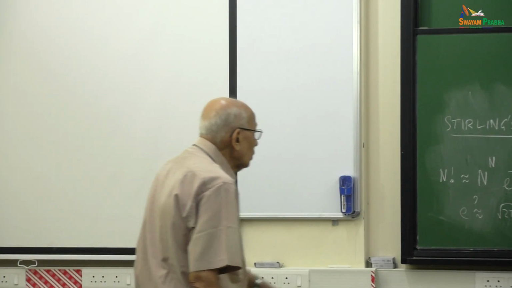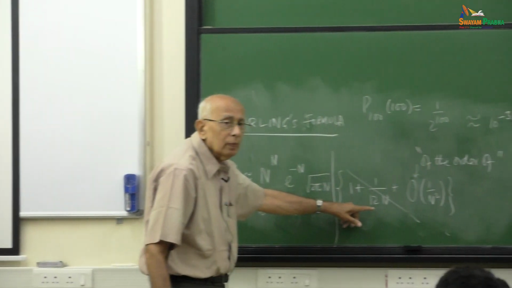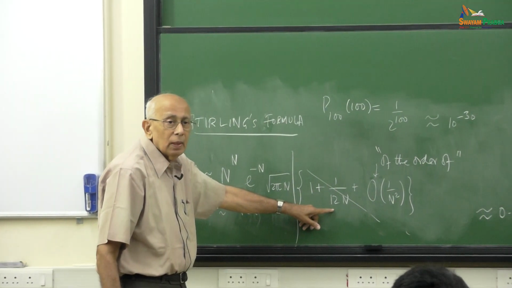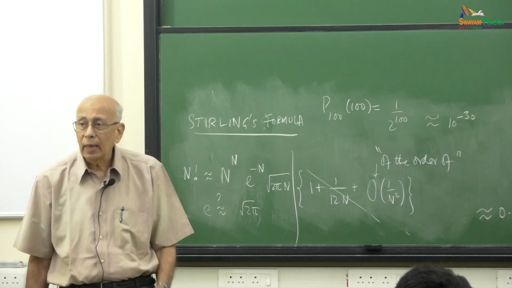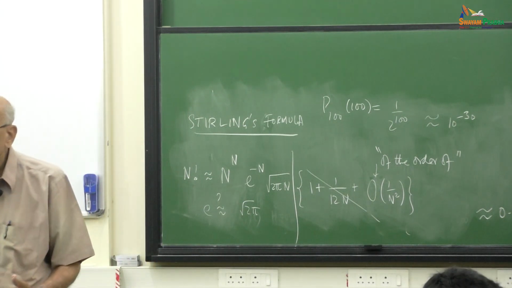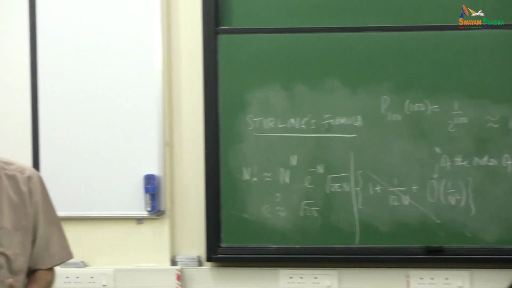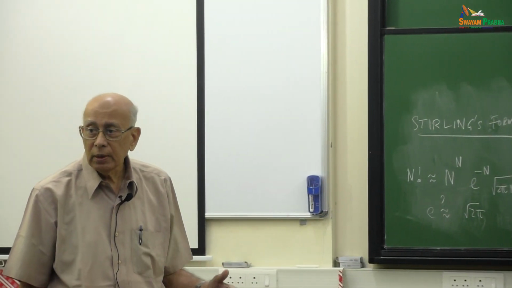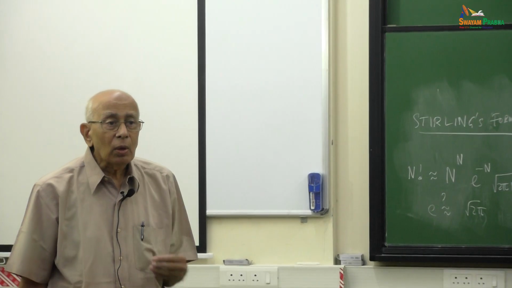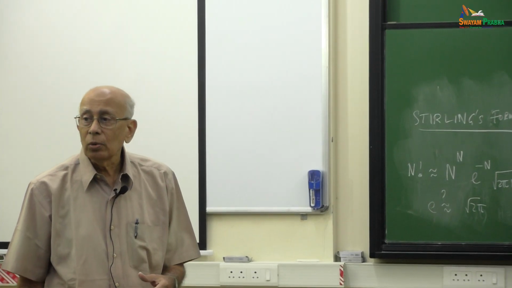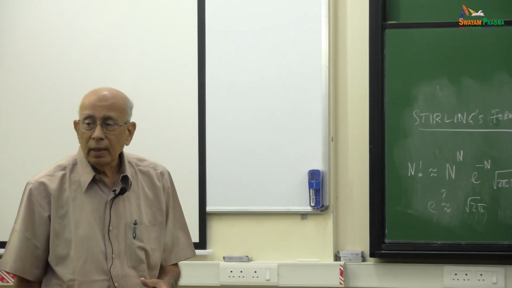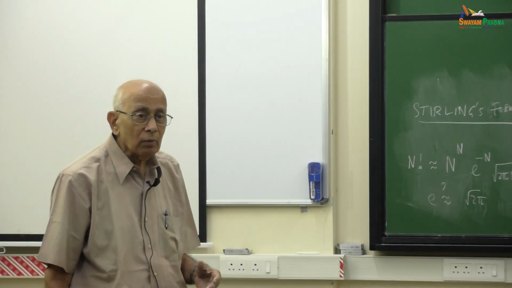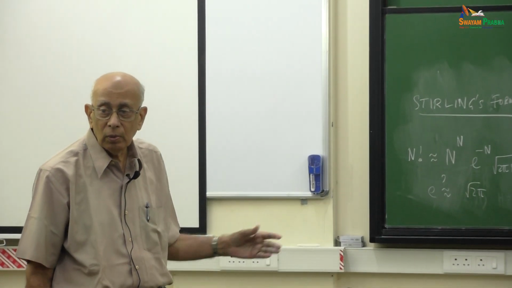It's actually true to this accuracy. It's actually true up to neglecting 1 over 12, which is 92% accuracy. So here's a formula which is supposed to be an approximation. At n equal to 1, it's already giving you an answer which is 92% right. At n equal to 10, it gives you an answer correct to the order of 1%. Correct, 1 over 120.